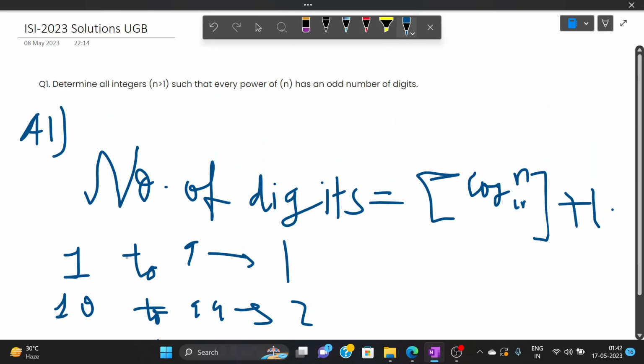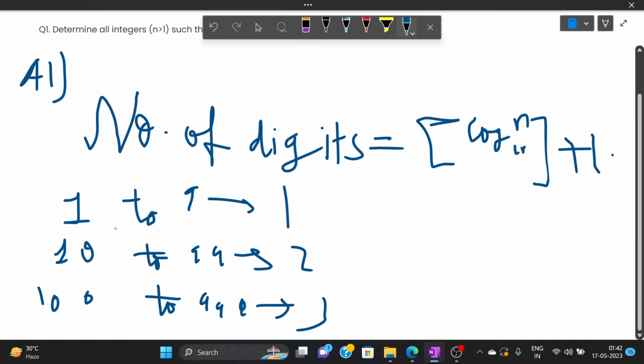So, we see that each of these numbers is between 10 to the power a minus 1 and 10 to the power a. So that gives us the insight of taking this greatest integer of log n base 10, because that a is given by log of a number base 10. So this is how we obtain this formula. Number of digits is the greatest integer of log n base 10 plus 1.